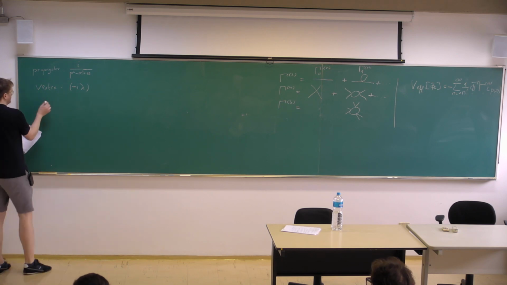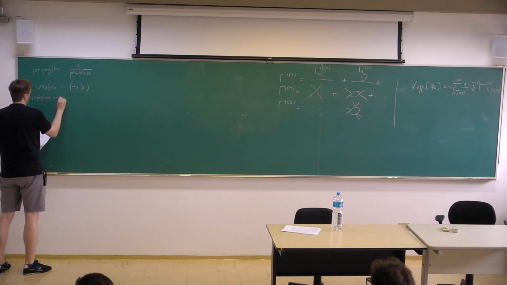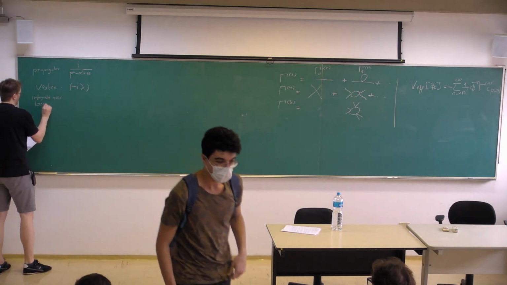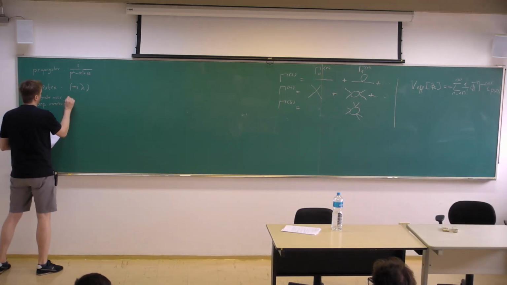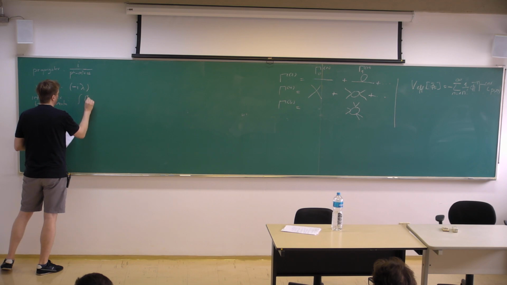And then we have to integrate over any loop momentum p over 2 pi to the fourth.